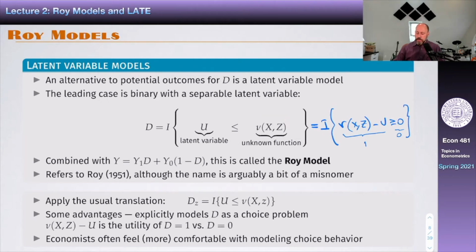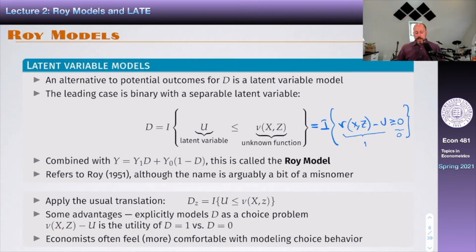Okay, as we did before, you can define these potential treatments just by plugging in the value of Z that you care about, and this latent variable model translates immediately to these potential treatments in the same way. And what I wrote here is that it explicitly models D as a choice problem. So as I wrote at the top, mu minus u is the utility of D equals 1 versus 0, which is the utility of choosing 0.